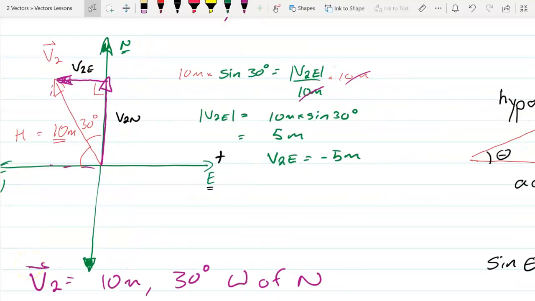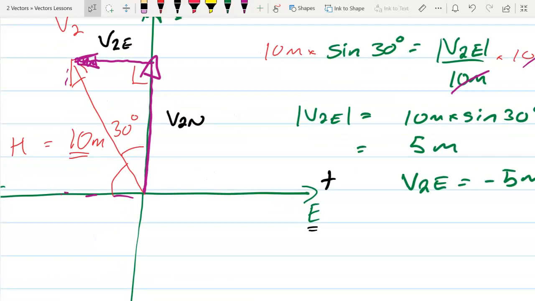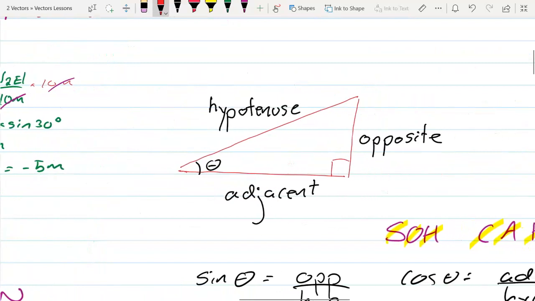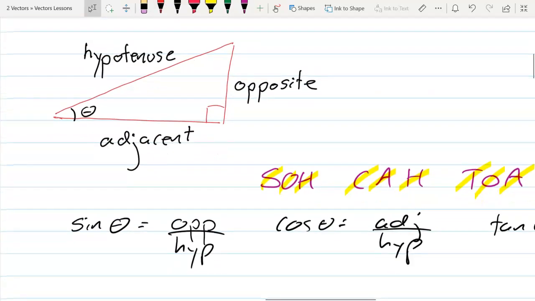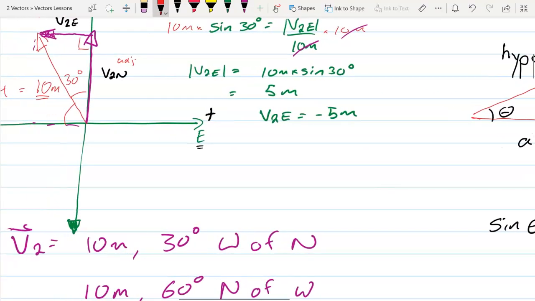Let's find the north component of this vector. This time we have the adjacent side and the hypotenuse. So we are going to use the cosine of the angle. Cosine equals adjacent divided by hypotenuse.